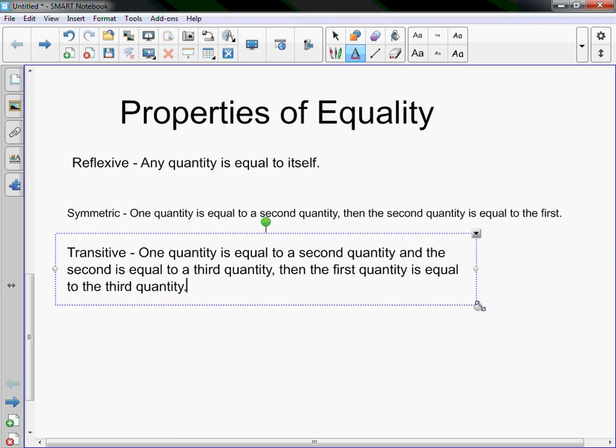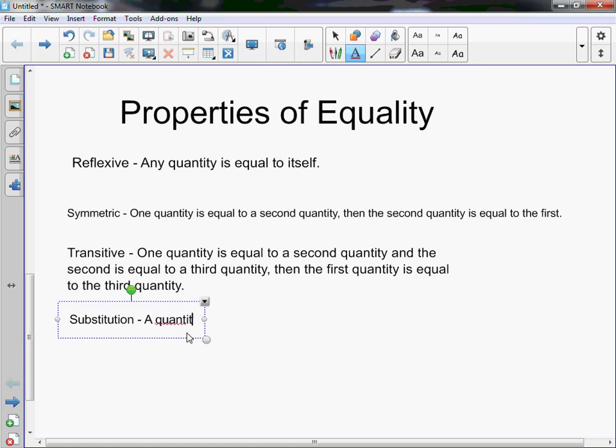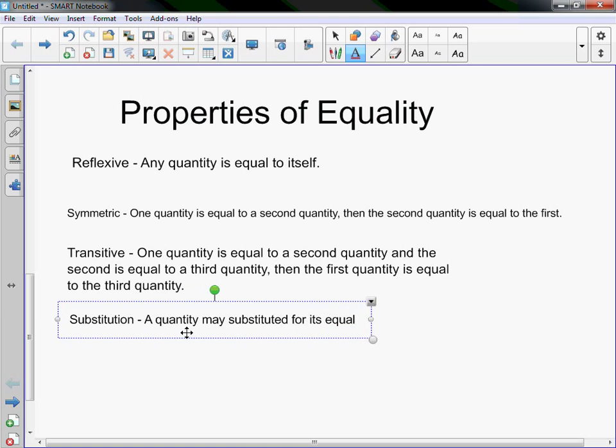Okay, and our fourth and final one is the substitution property of equality, and that says that a quantity may be substituted for its equal in any expression.